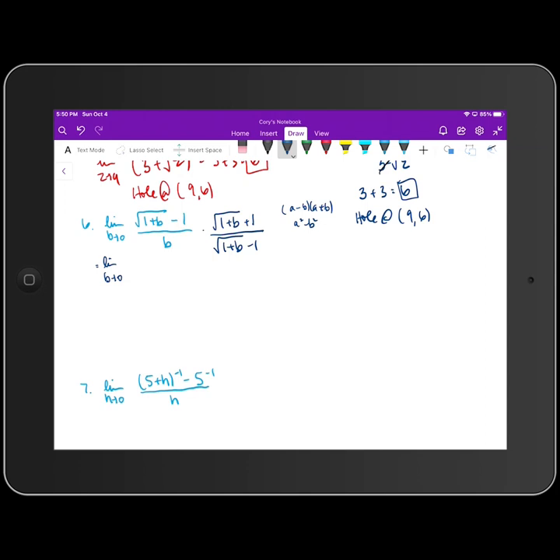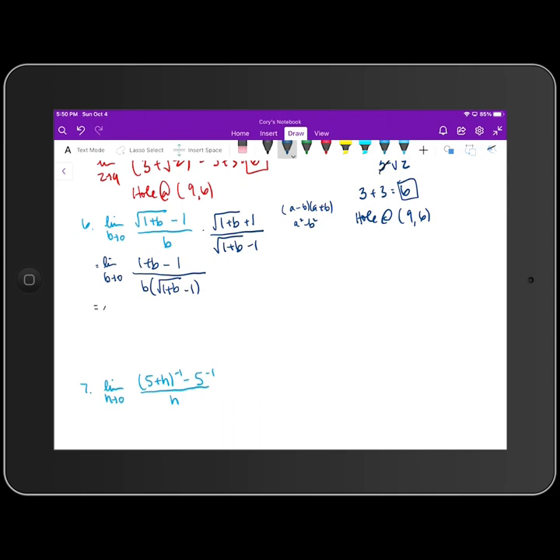Our a value is rad 1 plus b. When I square that, that is going to be 1 plus b, minus b squared, which is 1 squared, equal to 1. And then I'm going to leave that denominator in factored form, because we want to ultimately eliminate factors.